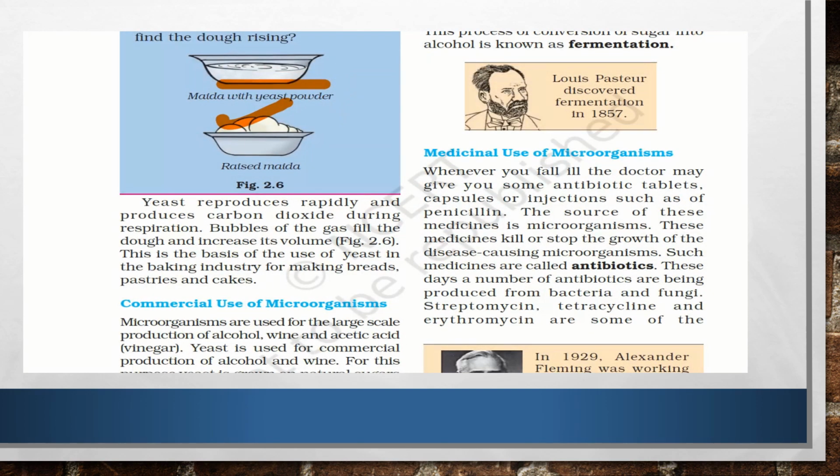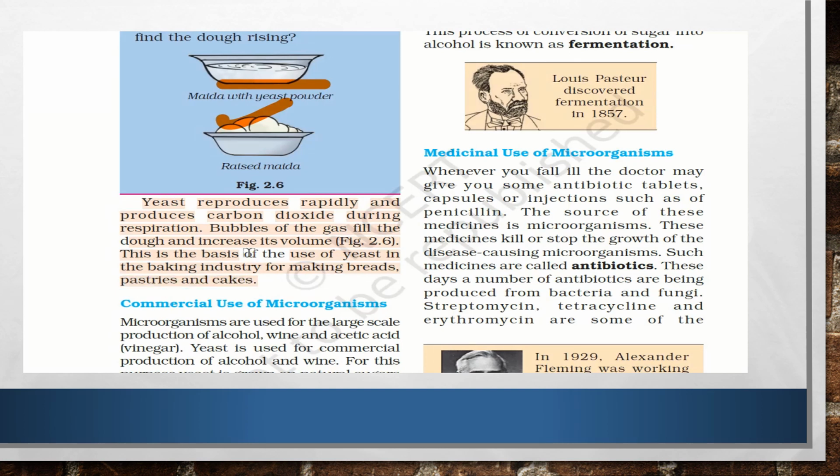How is this happening? Because the yeast reproduces rapidly and produces carbon dioxide during respiration. Bubbles of gas fill the dough and increase its volume. This process of yeast is used in making breads, pastries and cakes.